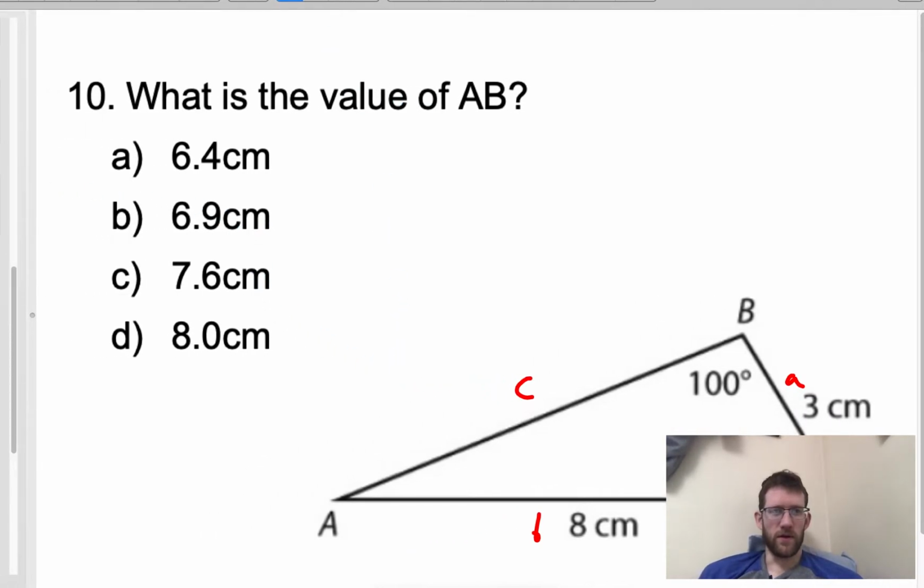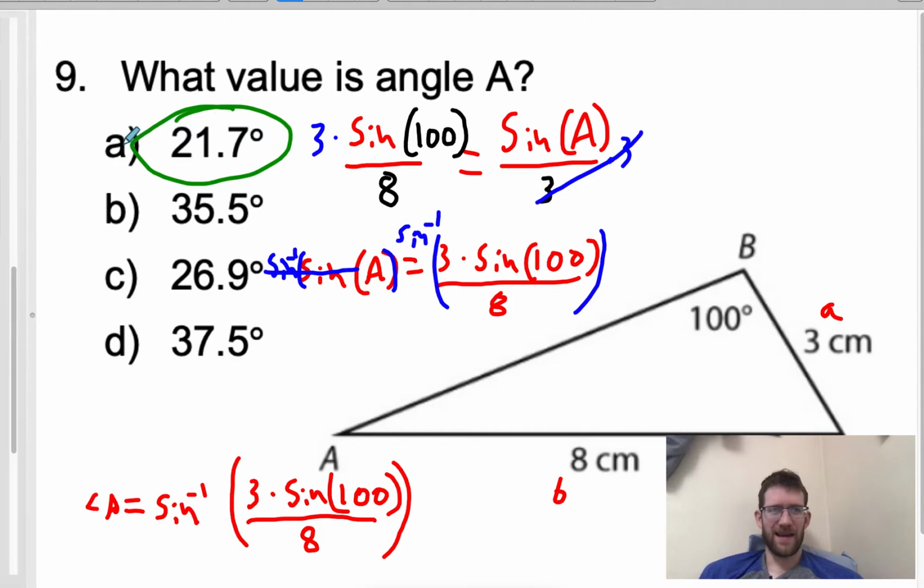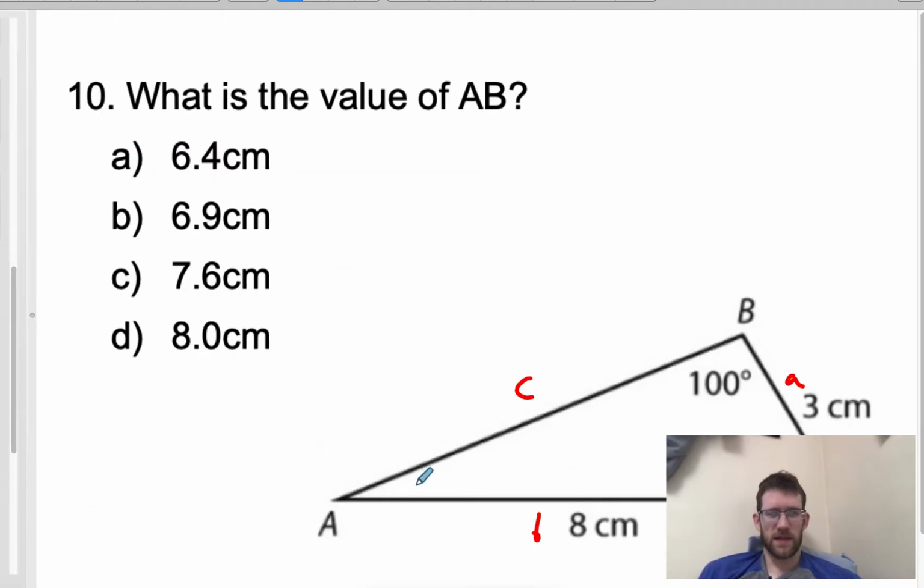But we also know from the previous problem that angle A is about 21.7 degrees. This is an estimation, but we'll stick with it. So then if we know angle B is 100 degrees and angle A is 21.7 degrees, can we calculate angle C? Well, sure.